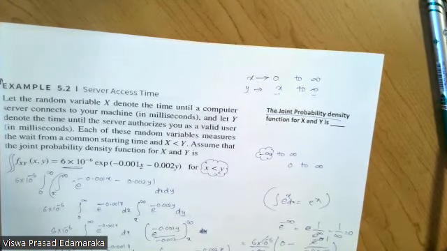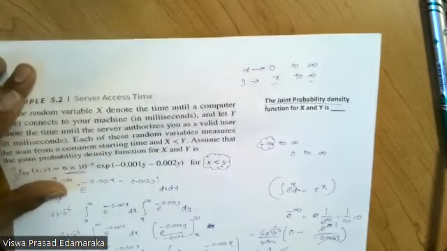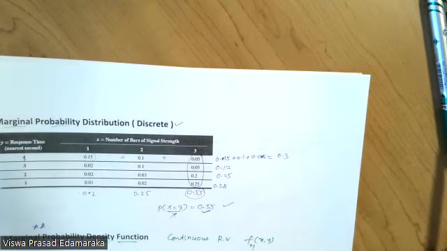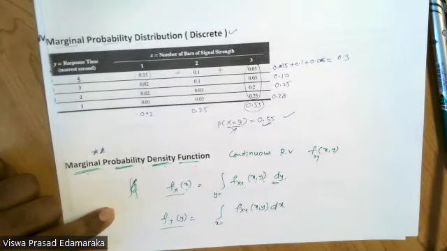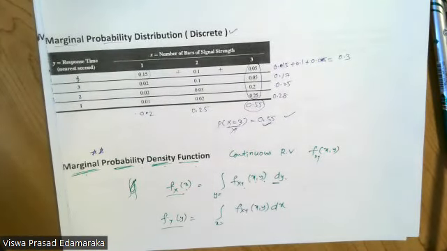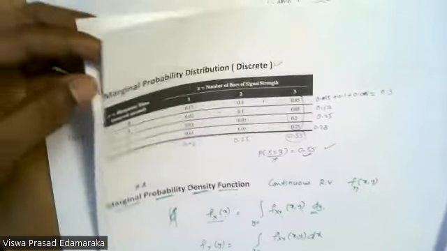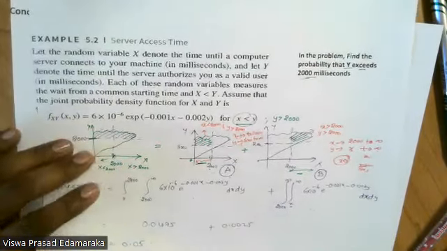It is difficult to work in 3D, so we'll convert into 2D, take the top view and calculate the area, or region, between x and y. We have seen a problem and marginal probability distribution for both discrete and continuous. This is very important. And when I need f of x or f of y only, we will integrate f of x comma y with respect to the other variable. So this is a very important problem.